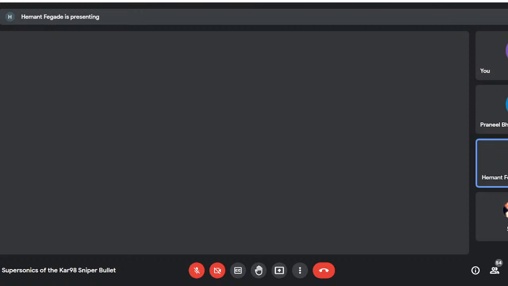Okay, so we have talked about this. Now let me show you how it actually affects things. Basically, when you talk about a bullet being fired, I'll just draw a bullet over here, moving in this direction in the supersonic region.